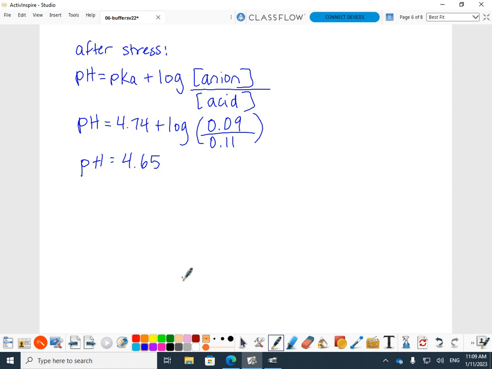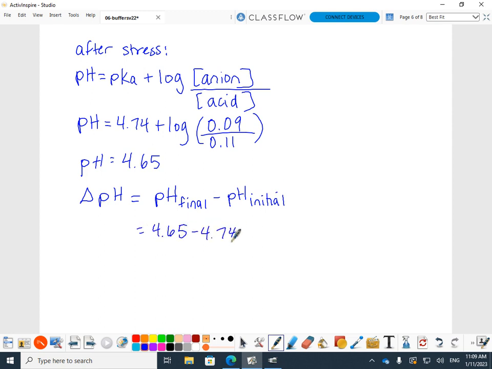If you add an acid, should it go down a little bit? Yes, it should. Did it go down a lot? No, it didn't, which is good. That's what a buffer should do. If you leave out the negative sign, it actually doesn't matter. You're just looking for how much it changed by. It did not change by very much. That's what we want.